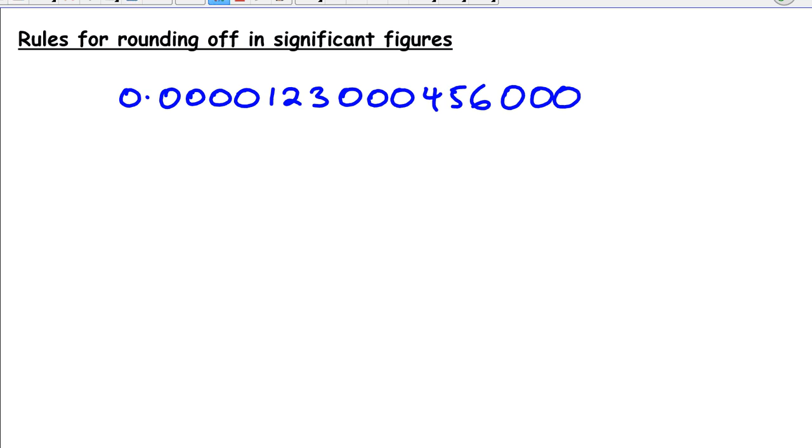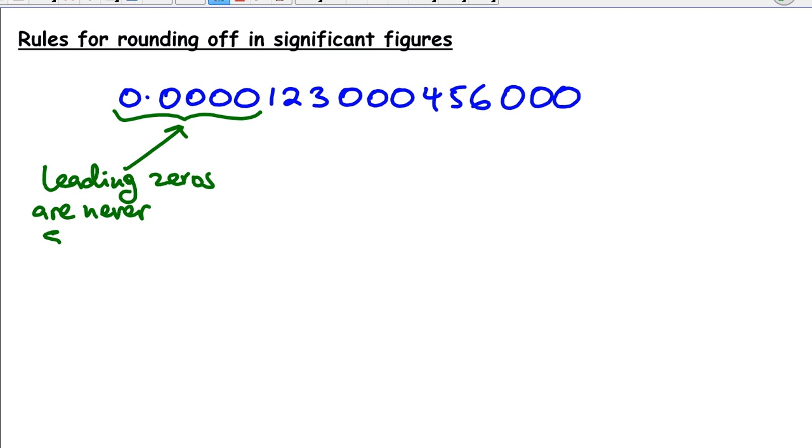Now, these leading zeros, I'll call them leading zeros. When you're counting, for example, you want to have first significant figure, second significant figure. So if you want to find significant figures, in order of which one is important, the leading zeros are never significant.